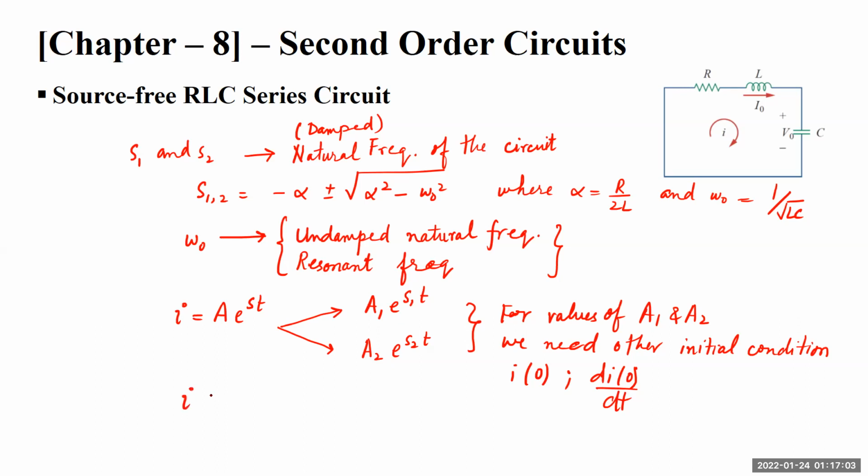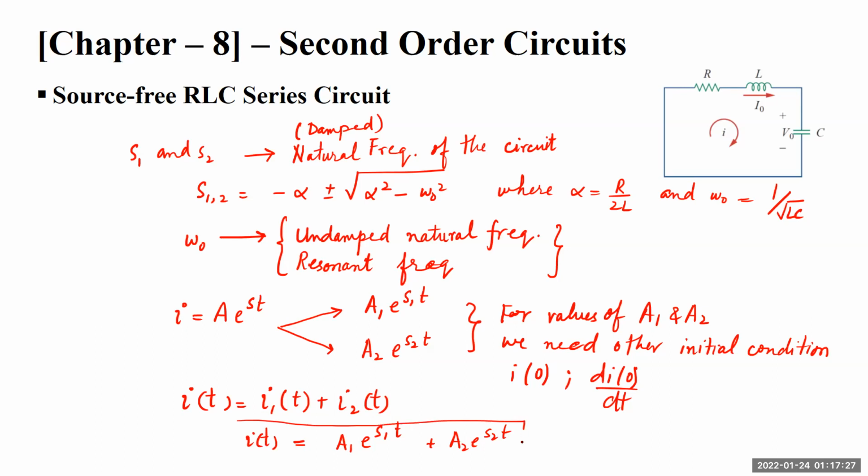Overall, the solution for i will be a sum of these two, by linear superposition: i equals i1 plus i2, which is a1 e raised to the power s1t plus a2 e raised to the power s2t.